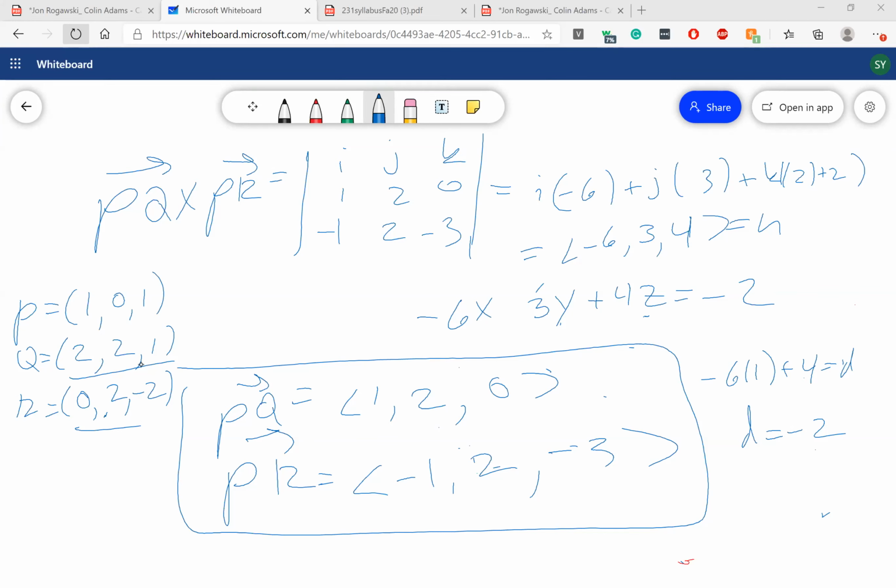For the z value in P, it should have been -1 instead of 1. Oh, here? Like that? Yes. Okay, so then this is going to be -4, which is equal to D.